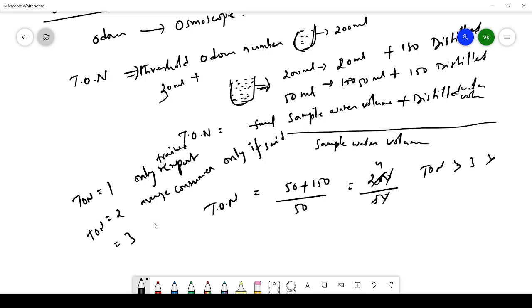Directly the average consumer can smell that odor from the water.